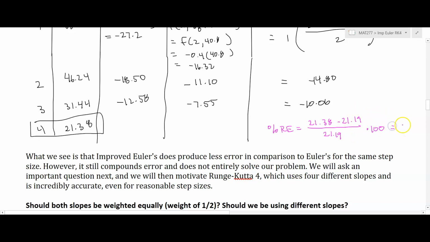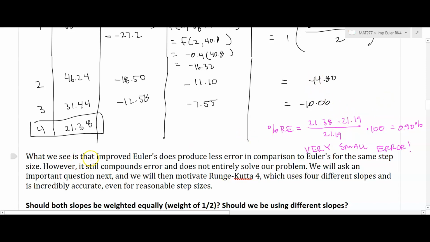That comes out to about 0.90%, which is a very small error. And that is fantastic. That's exactly what we wanted.